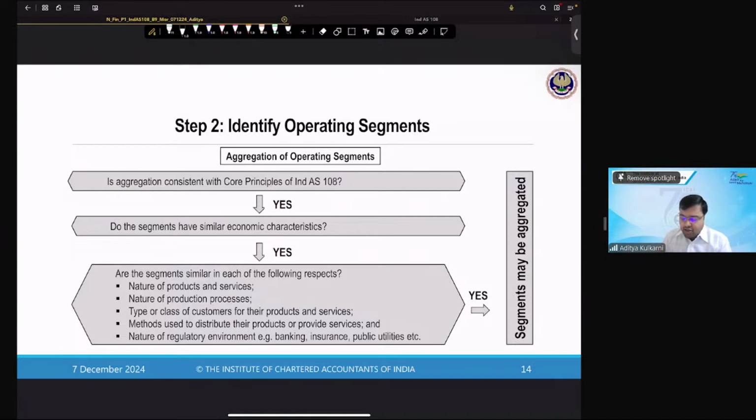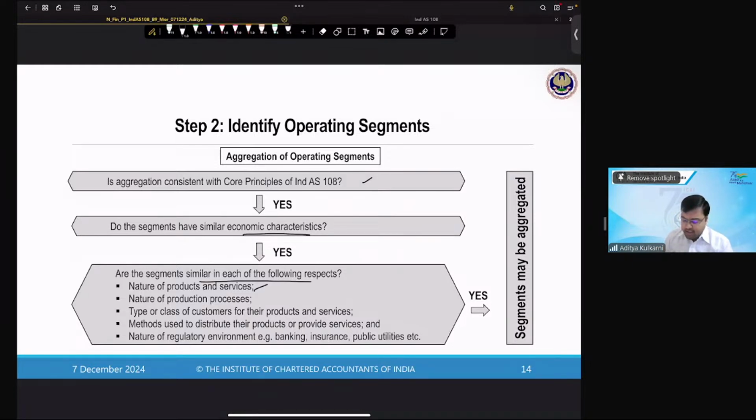Acha. Aggregation of operating segments. Is aggregation consistent with core principles of Ind AS 108? If the answer is yes, then do the segments have similar economic characteristics? If it is yes, are the segments similar in each of the following respects?